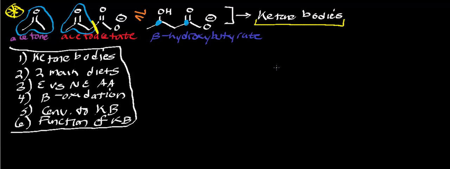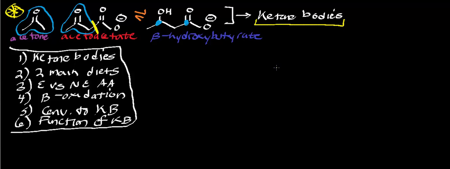But if you're getting it through the diet, so you're in the fed state filled with amino acids and lipids, then you don't have to mobilize those things from your adipocytes. They instead come directly from your duodenum. They come directly from there, and then you basically take them into the liver cells, and then they're converted into ketone bodies.